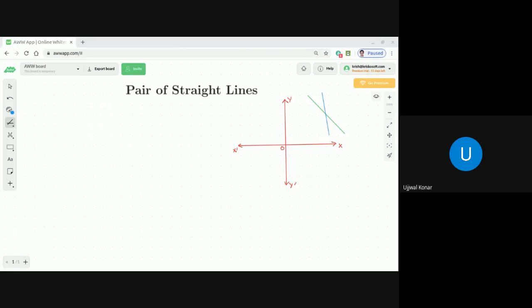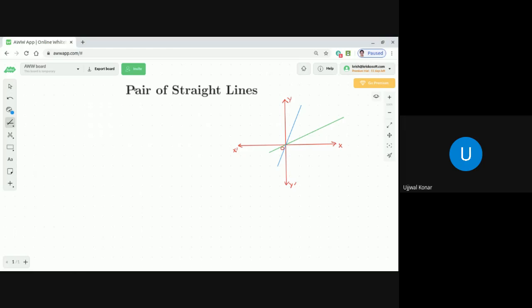What does it mean? It means that the straight lines, if I make a little change here, for example the first straight line is something like this, and the second straight line which I'm going to draw in blue color is something like this.